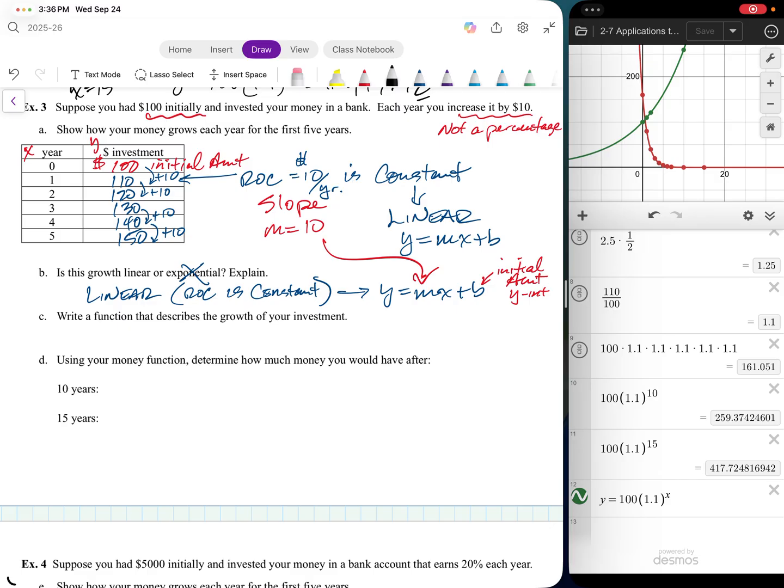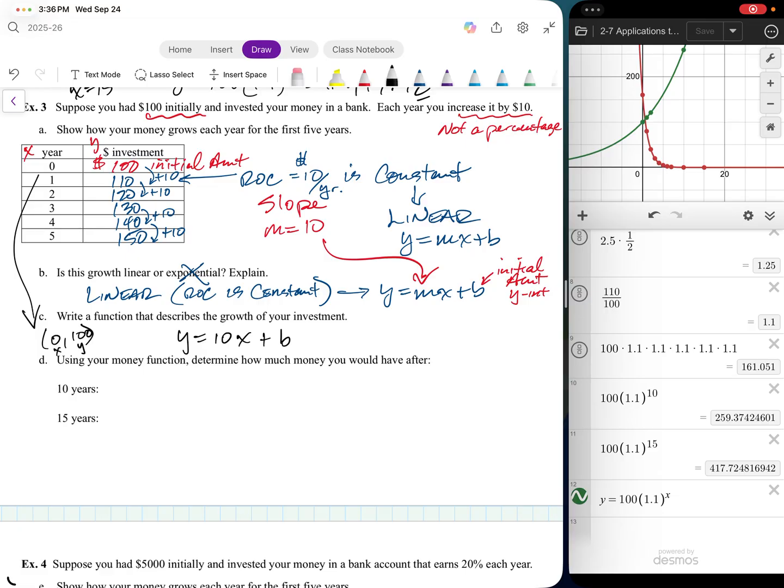So if I know the rate of change is 10, I have y is equal to 10 times x plus something. And if you didn't know what the b value was, your initial investment, you would plug in 0. You'd use this point right here, 0, comma 100, and plug it in. I'll plug in 0 for x and 100 for y.